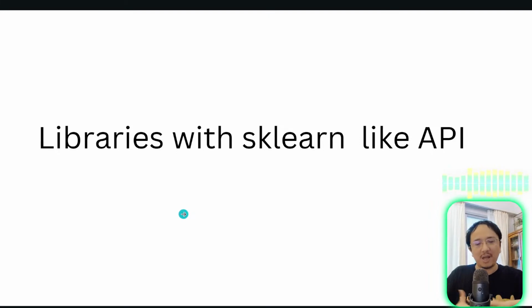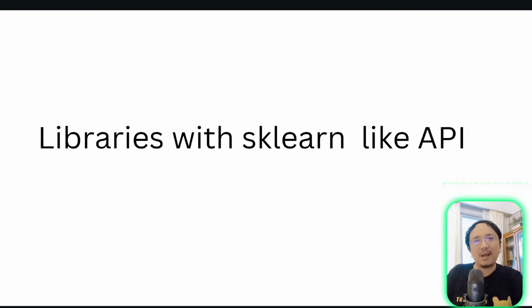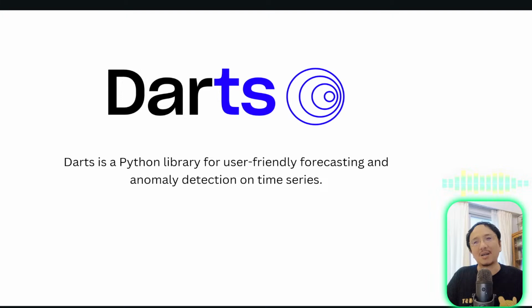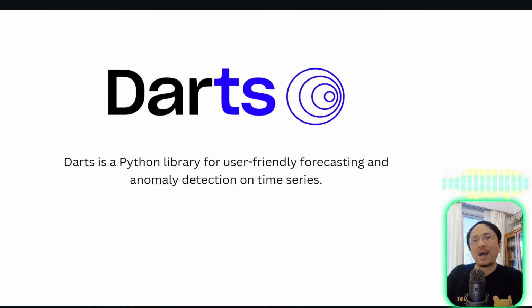We're probably almost done with it. So lastly, let me introduce other libraries in the scikit-learn ecosystem. They have a similar API to scikit-learn, or they can work with scikit-learn. First of all is Darts. Darts is a library for time series machine learning tasks.